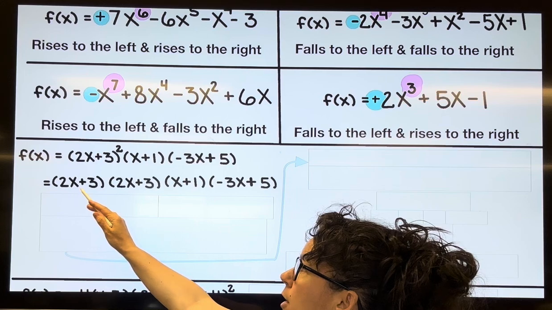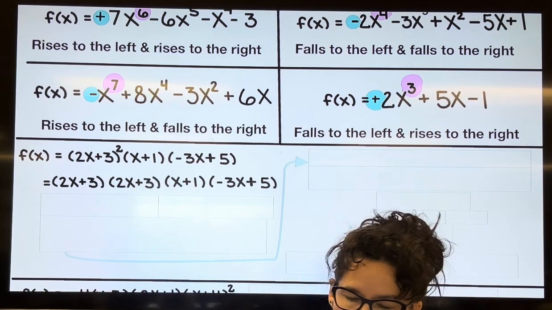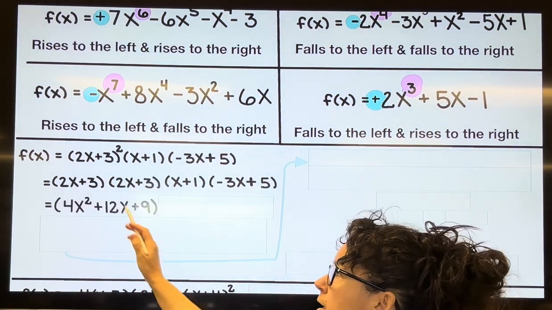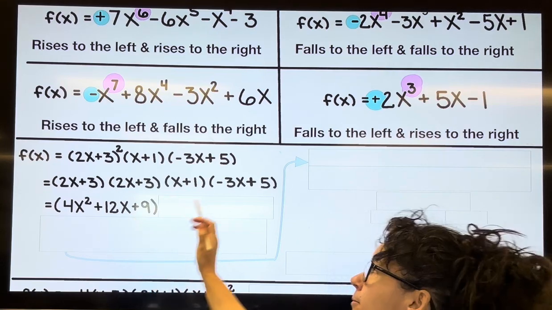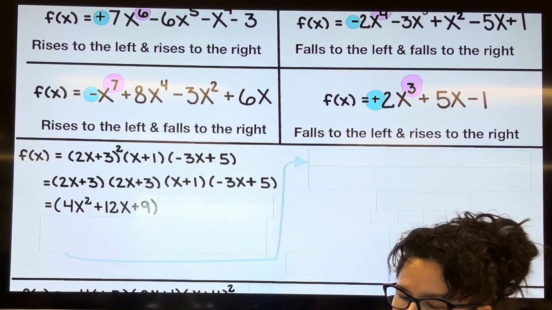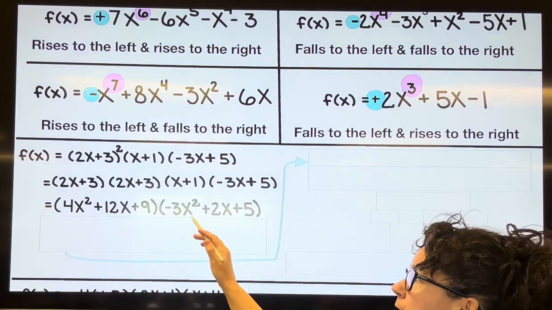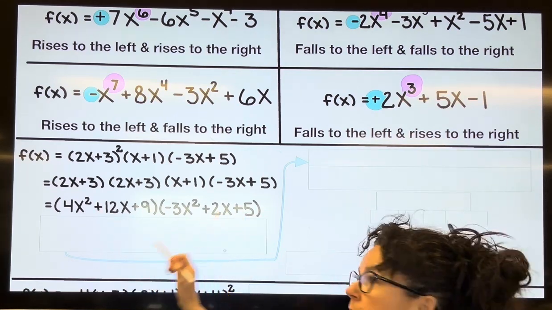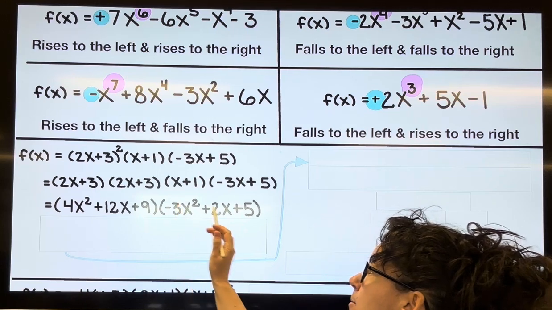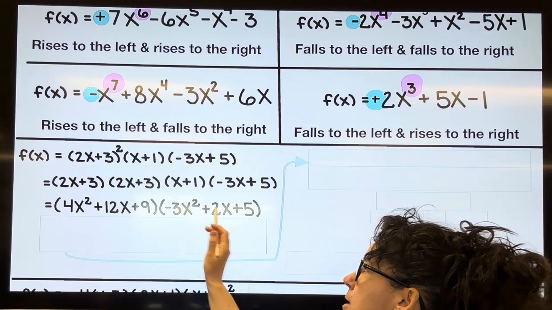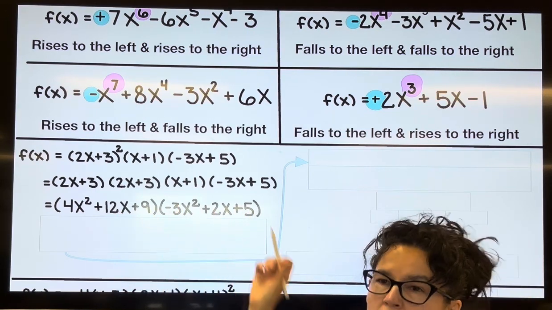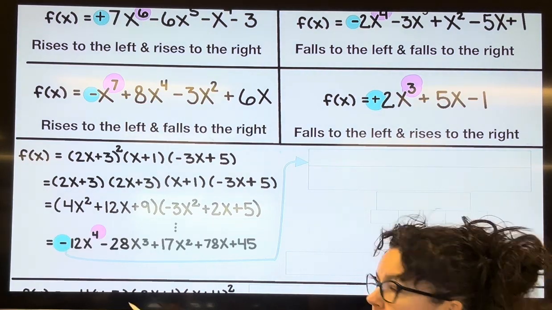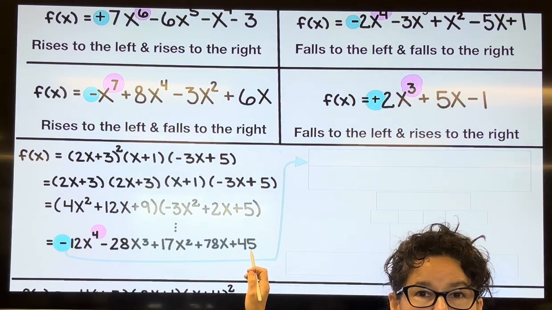Then I might FOIL 2x plus 3 times 2x plus 3 and combine the middle terms, and I'd have that. I'd FOIL these two together, and I'd get that. Now that I have 3 terms times 3 terms, I'd take 4x squared times each of those, 12x times each of those, and 9 times each of those. And I would finally have my polynomial.